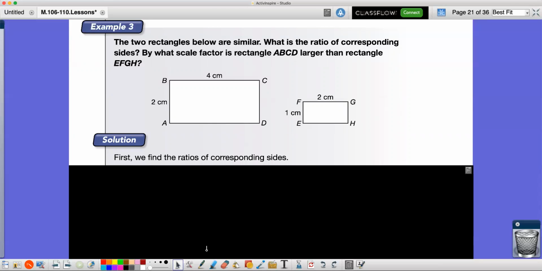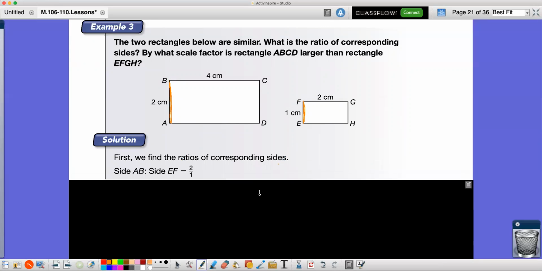In this case, side B to A corresponds with F to E. So side B to A, or A to B, in relationship to side E to F is 2 to 1.